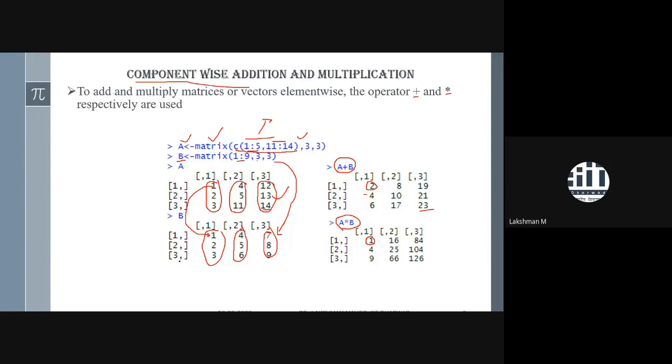This kind of structure is not valid in linear algebra in R, so it will give a wrong result. It will not give the desired matrix that you would get if you multiply two matrices. It will not give A into B. It is different from A into B.